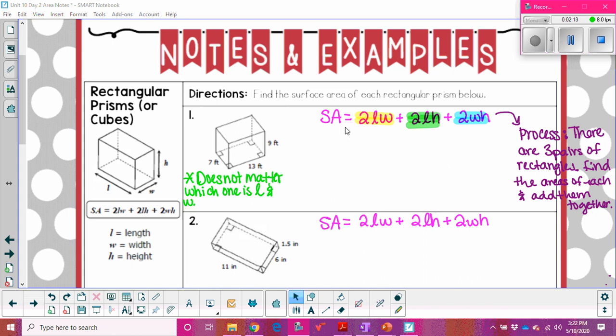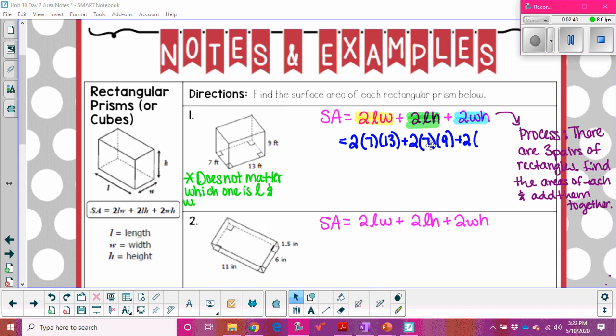Looking at this one, we're just going to fill in here. I have the formula written down already. So we have 2 times the length and width, so we're just going to put 7 and 13, using that bottom rectangle, plus 2 times the length and height. So I'm going to use 7 times the height between the two, which is 9. So 7 times 9, plus 2 times the width.